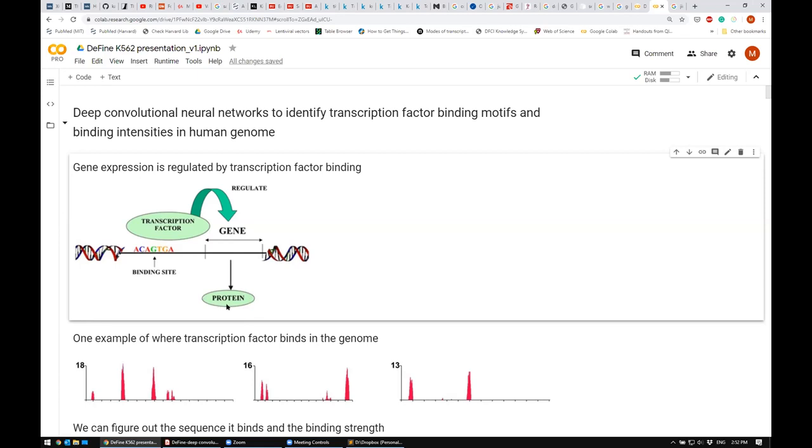You can imagine if this protein enhances cell proliferation, then this particular person might have a stronger tendency to develop tumors. So that's why the motivation to characterize this binding activity is so important.